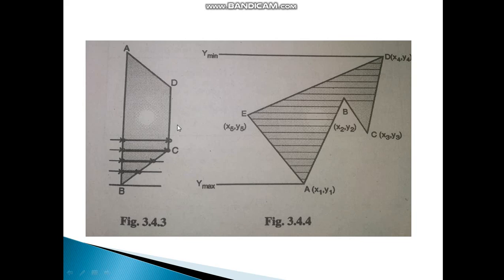The intersection points are joined, and after that the process continues till the scanline reaches the y min of the polygon.